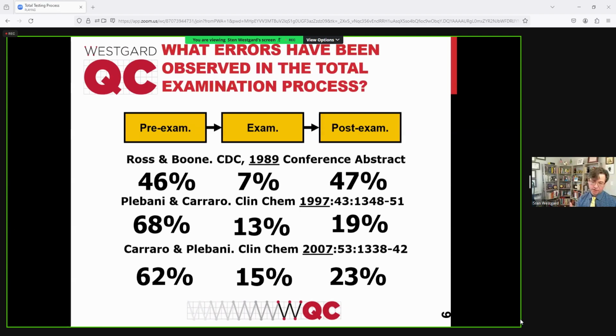Where are the least amount of errors occurring according to these papers? In the analytical section. So where are the errors happening most? They're happening in the pre-analytical area.